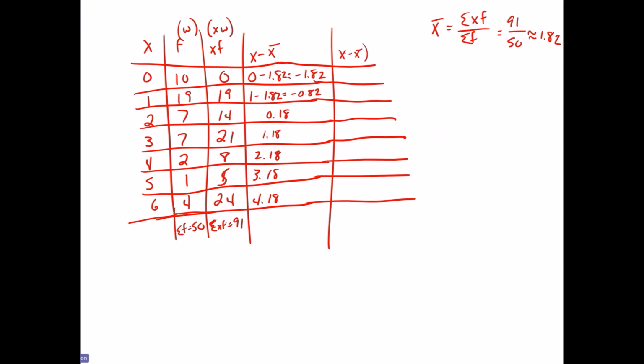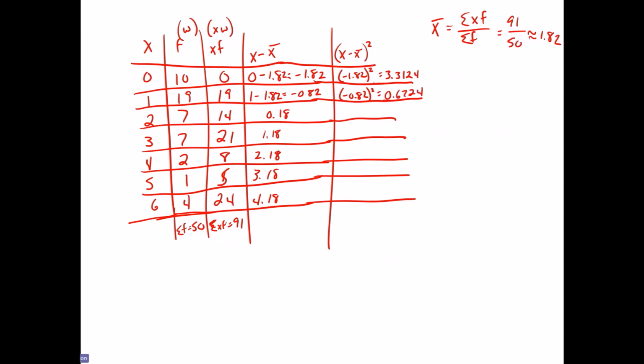And then, going through that same process for standard deviation, we want to square our deviations, right? This part's all the same as what we were just doing with the raw data. So negative 1.82 squared gives us 3.3124. Negative 0.82 squared gives us 0.6724.